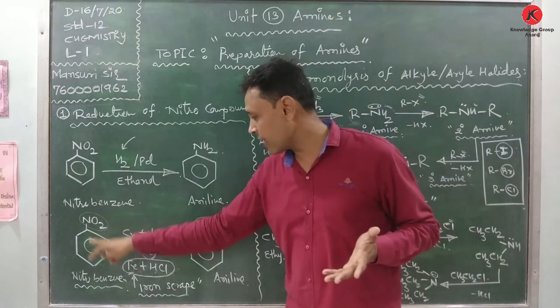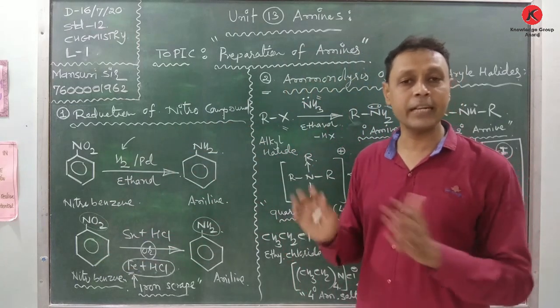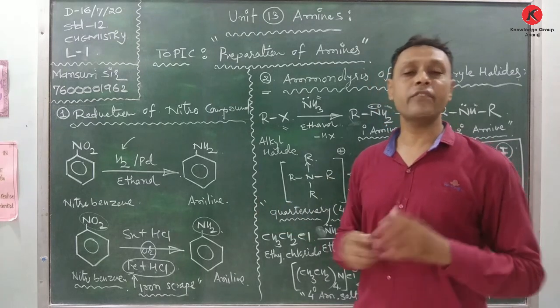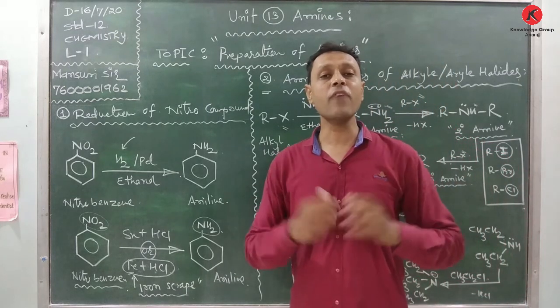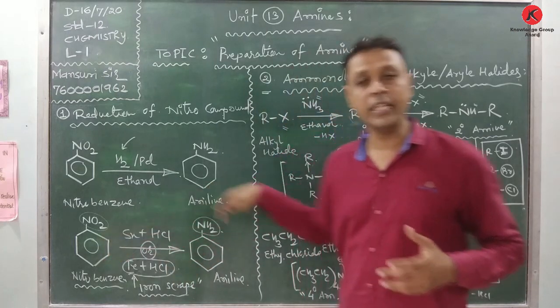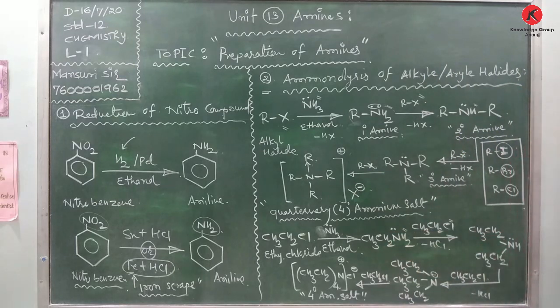Thereafter, whenever nitrobenzene is taken in presence of metal and HCl like Sn plus HCl or Fe plus HCl. Now what is Fe? Fe is nothing but the scrap of iron metal, with HCl, it will convert to aniline. So this is the preparation of amines.